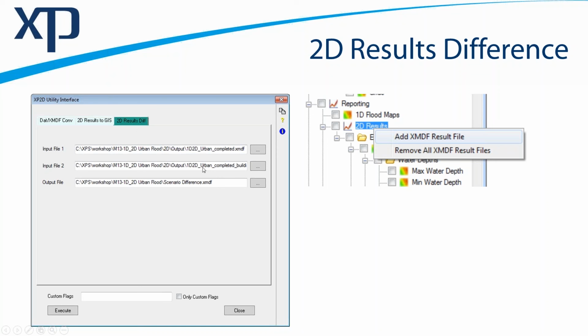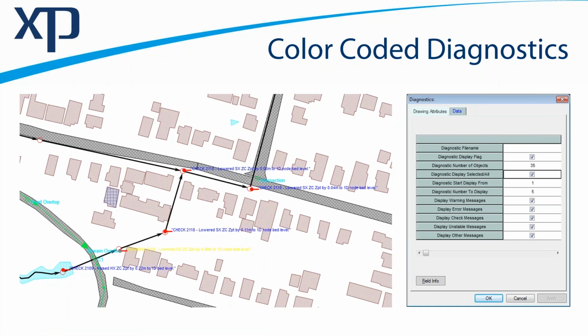Something else that we're pretty excited about, especially for the 2D modelers who want to look at the impact of different alternatives: the error messages that come from the 2D model are essentially spatial in nature. The errors or warnings that may happen may be on a certain cell.